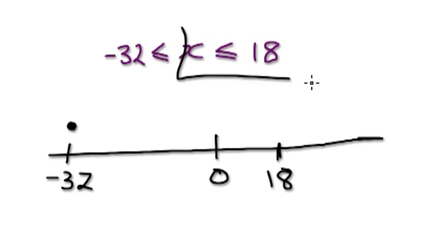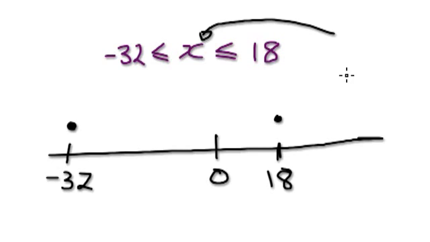But then on this side, you've got x being less than or equal to 18. You can put 18 into here because 18 is equal to 18, because this statement is saying less than or equal to. So you are allowed to put 18 in here.